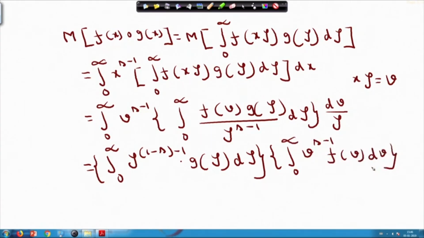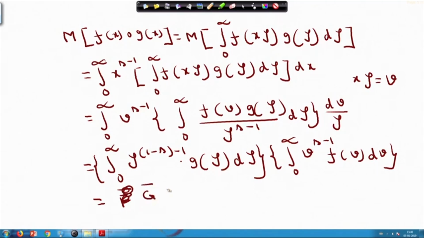So I am separating it out and getting two different integrals. The first one is the integral from 0 to infinity of eta to the power 1 minus s minus 1 into g(eta) d eta.